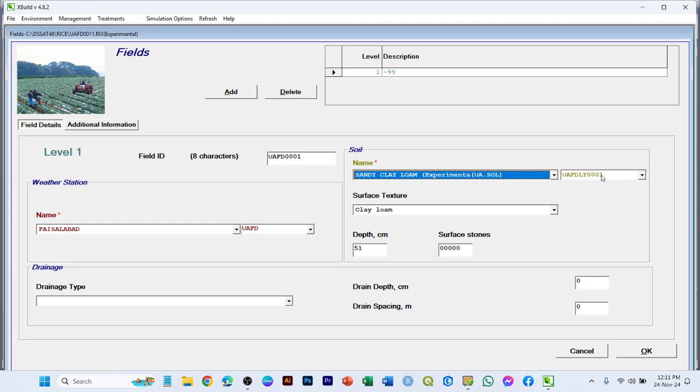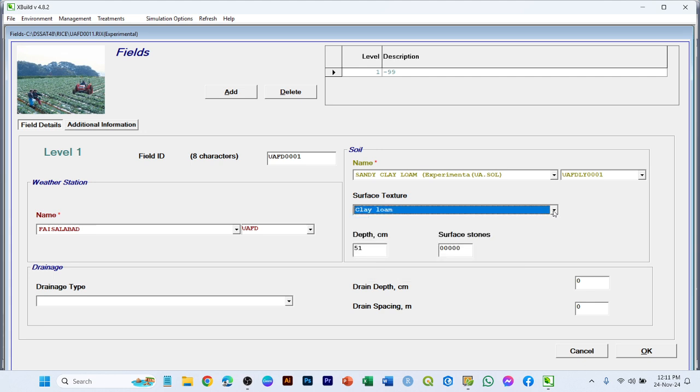Okay. Again, there are a lot of files within DSSAT from all over the world, so you have to select your own. Keep in mind, the surface texture might be different: clay loam, clay, sandy loam, and a lot of other examples. And what is the depth of the soil in centimeters?